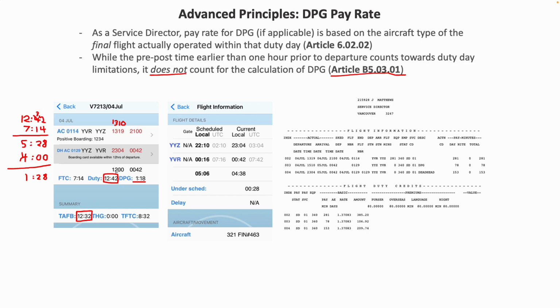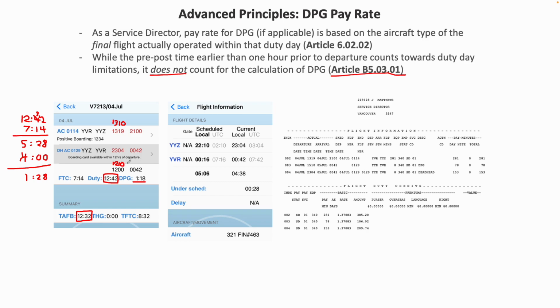So even though Globe is showing noon precisely as the check-in time, that's basically indicating that according to Globe, you need to show up an additional 10 minutes earlier than the standard 1 hour. But in reality, your duty day for the purpose of DPG calculation actually starts at 12:10.